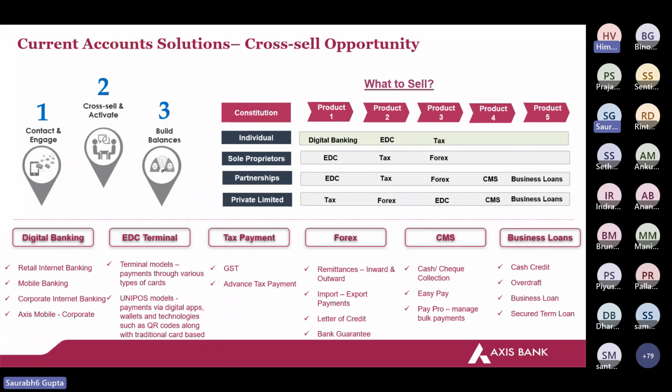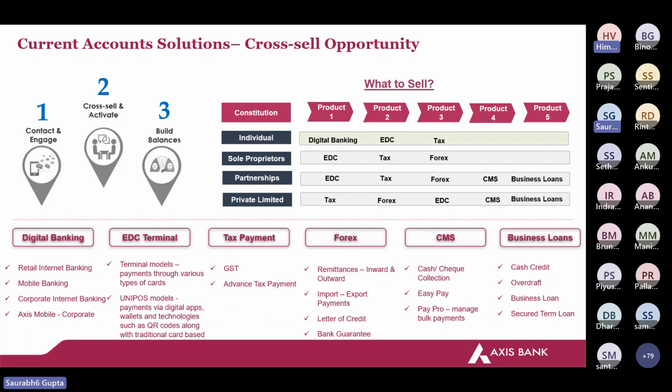Then we offer different kinds of EDC terminals, and we waive certain rental charges on EDC terminals based on the MAB maintained in the current account. Customers can also make tax payments, GST and custom duties through our Axis Bank portals. There is also a provision for trade and forex offerings.